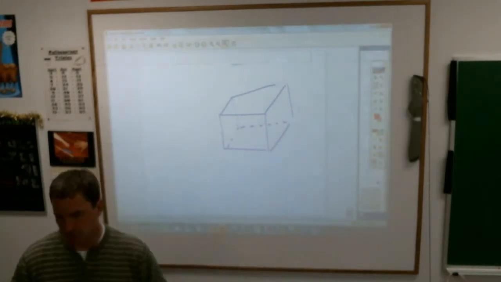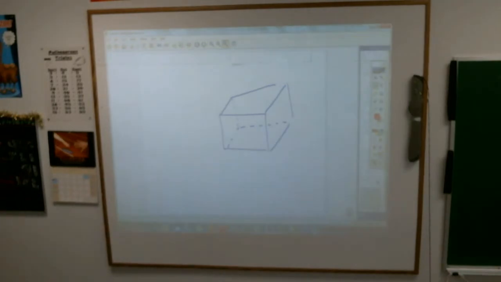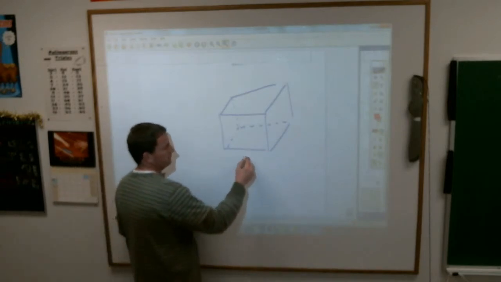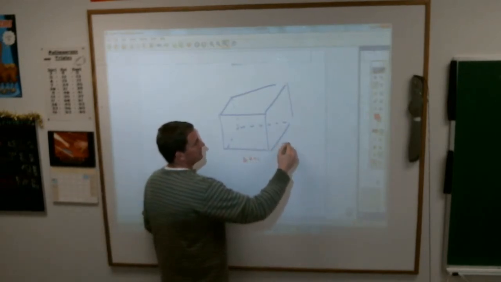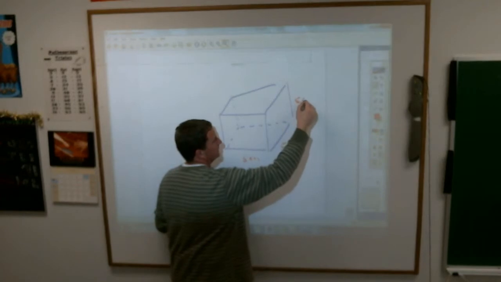Let's just take a look here. I can't do them all because they don't quite exactly fit, but here's the deal. This cube here, I can fit 5 of them this way, and I can fit 5 of them this way, and it is actually 5 tall. It is a cube. It is 5 centimeters by 5 centimeters by 5 centimeters.